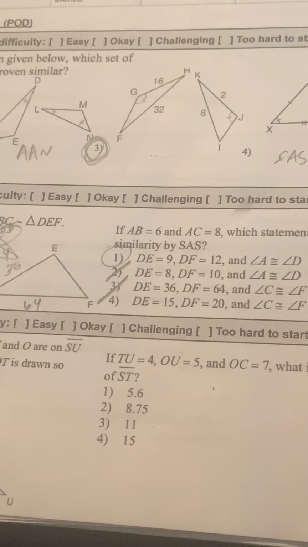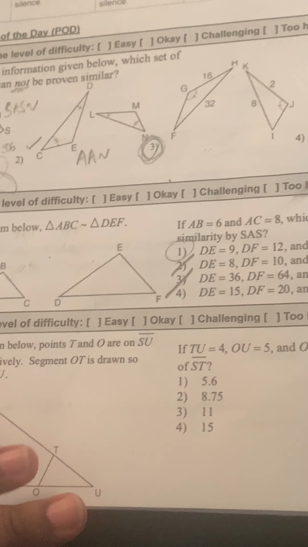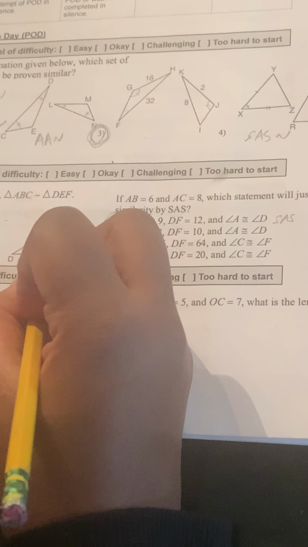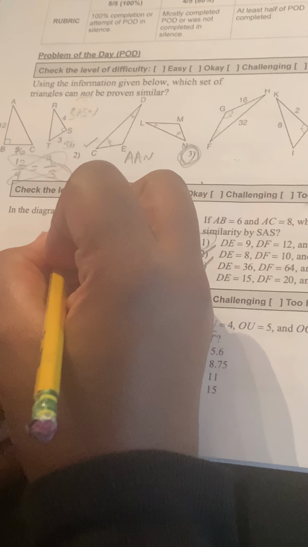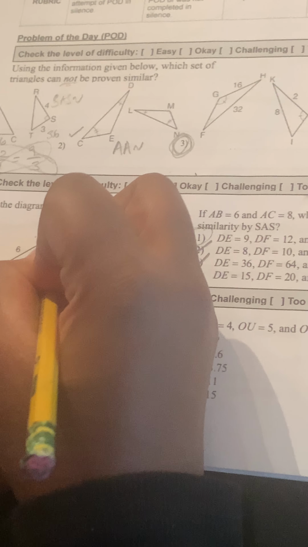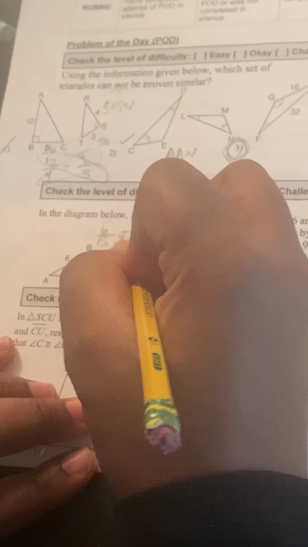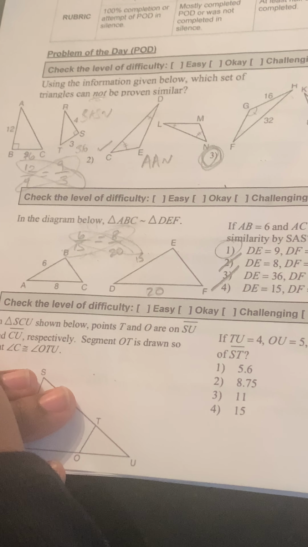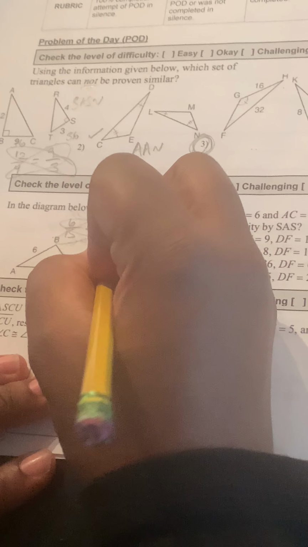Now let's look at the last one, answer choice. If DE is 15 and DF is 20, so let's see. So it'll be 6 over 15 is equal to 8 over 20. When we cross multiply, well, 6 times 20 is going to give us 120.